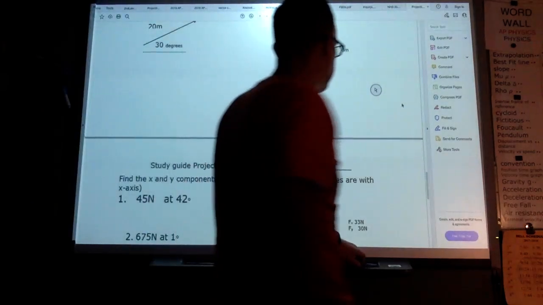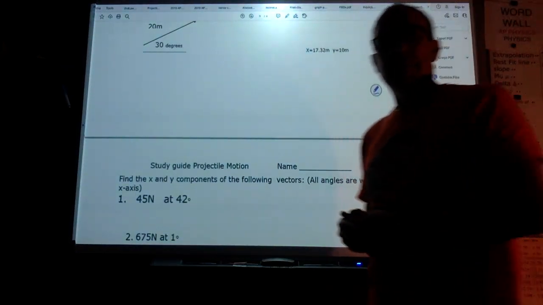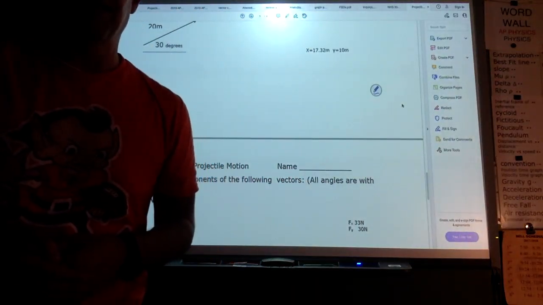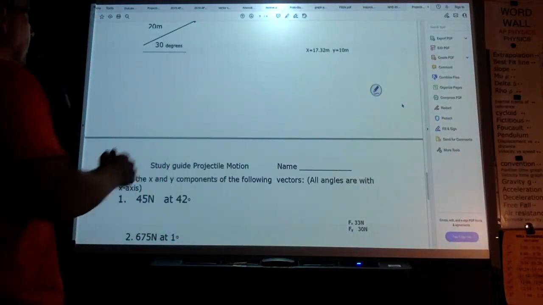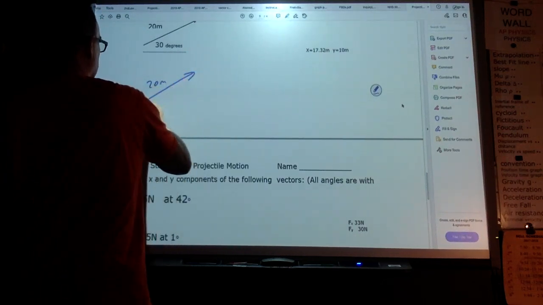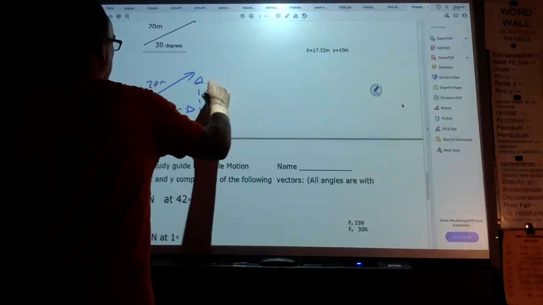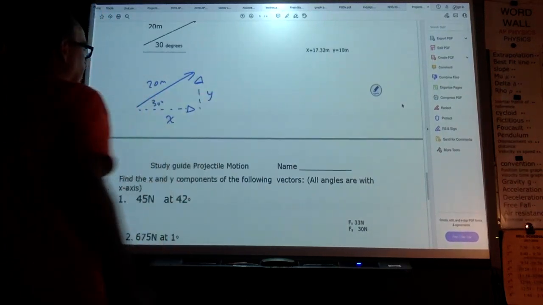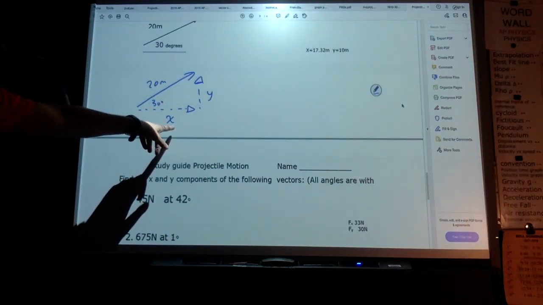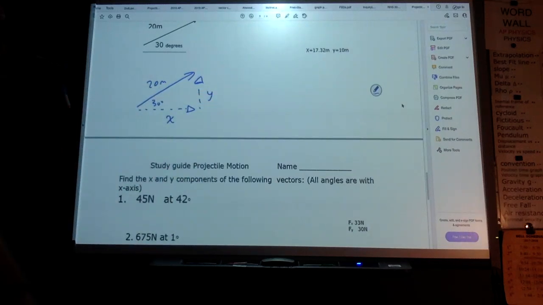And again, these are just using trig. So if we're given a vector and an angle, can we find the components, the two vectors that would do the same thing and not change what we have? And so if this is 20 meters at 30 degrees, I would have an x and a y. This would be my adjacent side, so I would use cosine to get this. This would be my opposite side, I would use sine to get that.